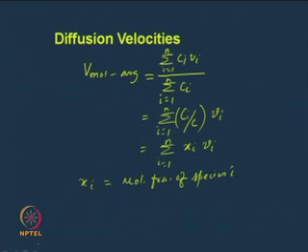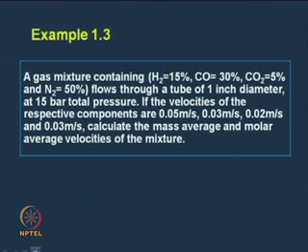Now, let us take an example to calculate the average velocities. A gas mixture contains 15% hydrogen, 30% carbon monoxide, 5% CO2 and 50% nitrogen. This flows through a tube of 1 inch diameter at 15 bar total pressure.